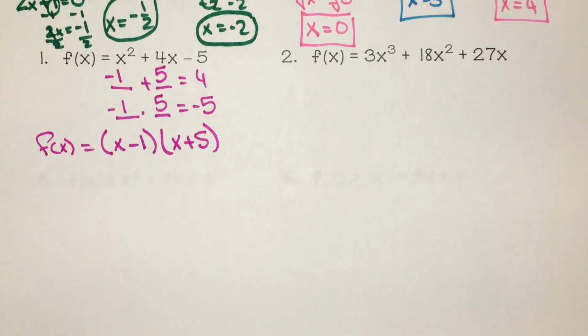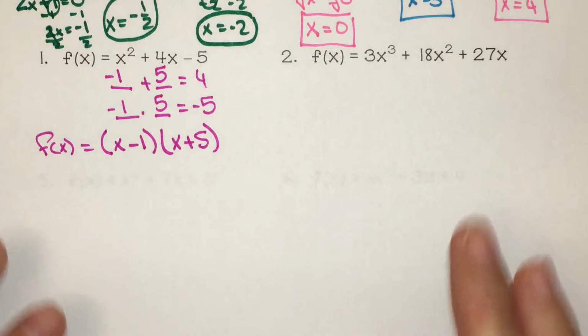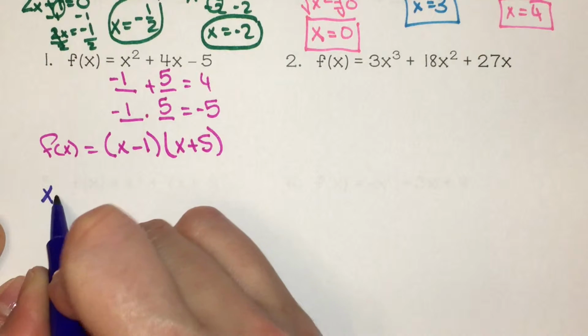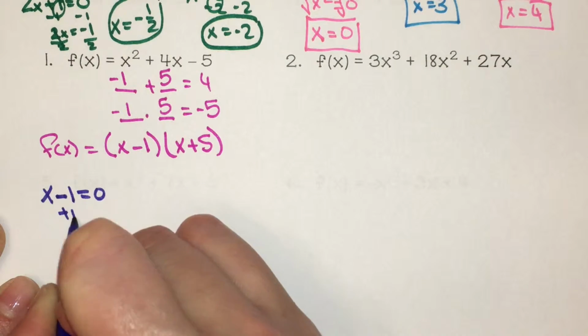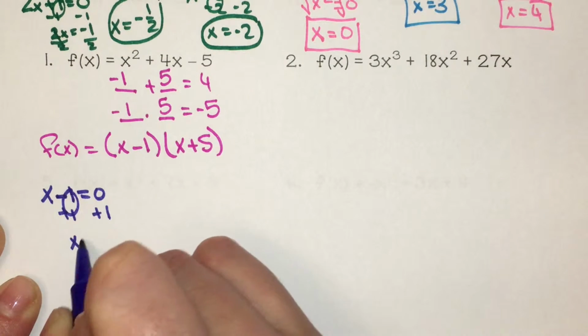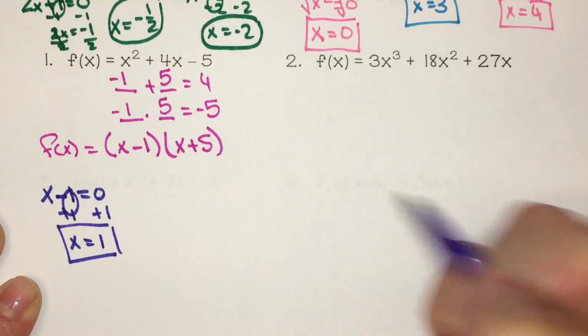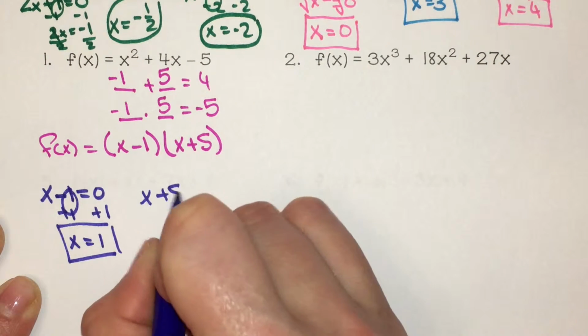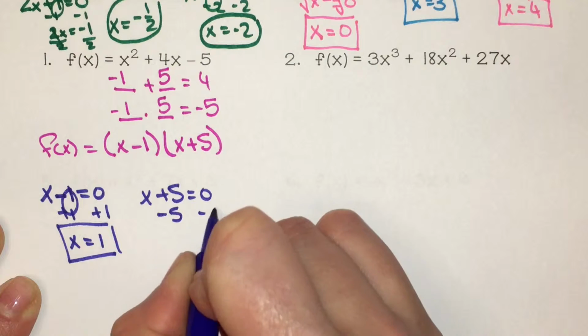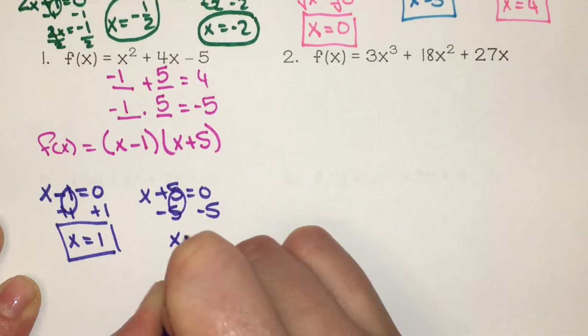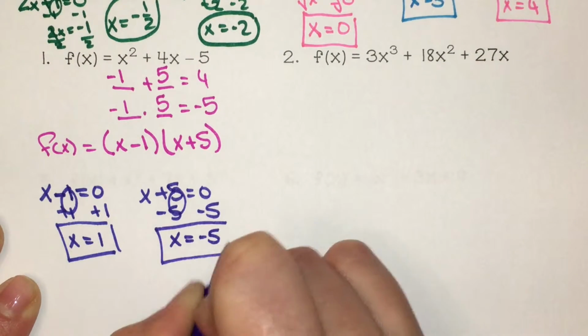So now we just have to set them equal to 0. X minus 1 equals 0, so add 1 to both sides, x equals 1. Also, x plus 5 is equal to 0, subtract 5 on both sides, and x is equal to -5.